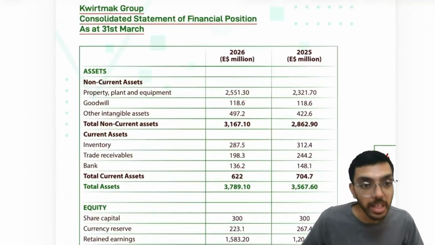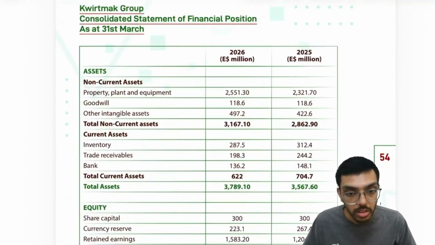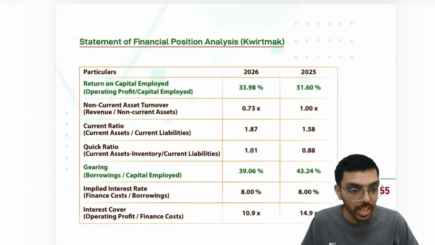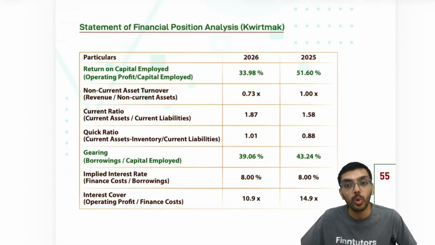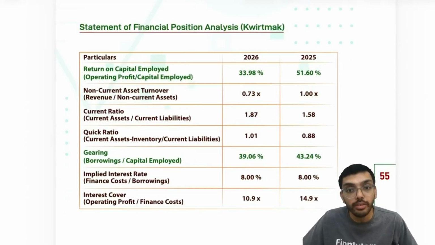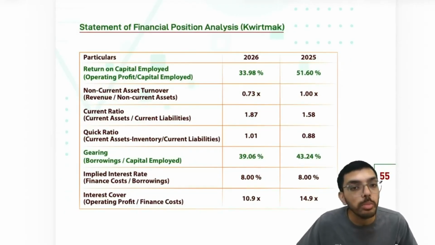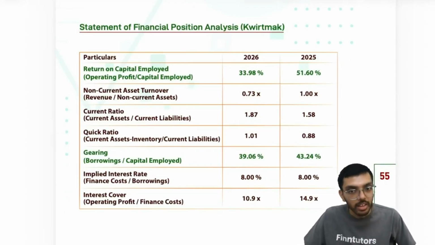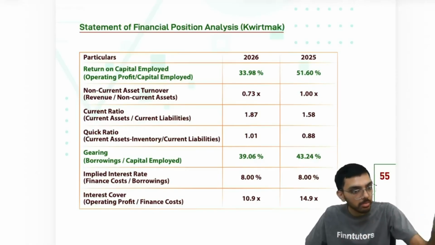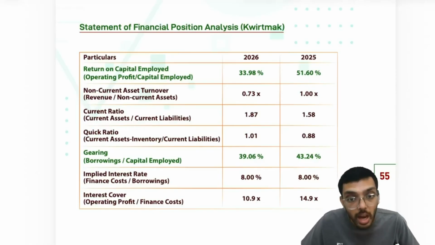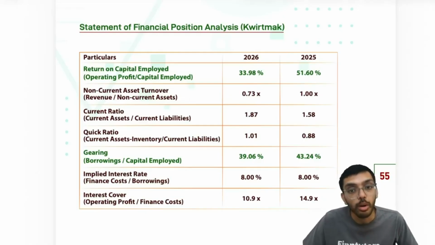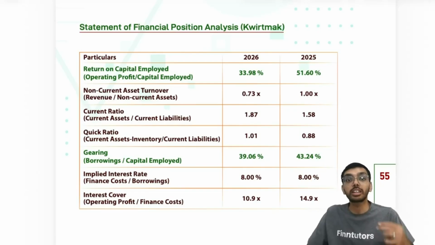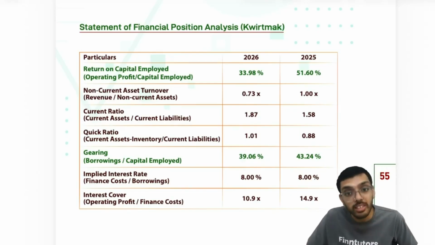Same way, we have a statement of financial position. Now, I'll directly look at the ratios. You'll see that the ROCE from a very healthy 51% has dropped to 34%. Why? Capital employed remained the same. Operating profit went down drastically. If profit goes down, your ROCE is going to be affected, which means the attractiveness of your company gets affected.